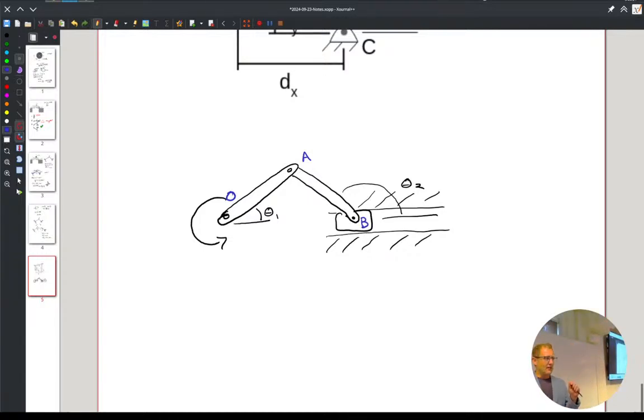So when I think about the vector of the origin, what is that thing doing? Is it moving anywhere? It's pinned to the ground. So what's happening to the origin, to O?